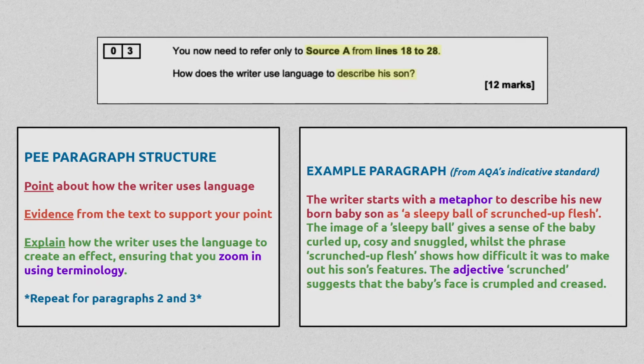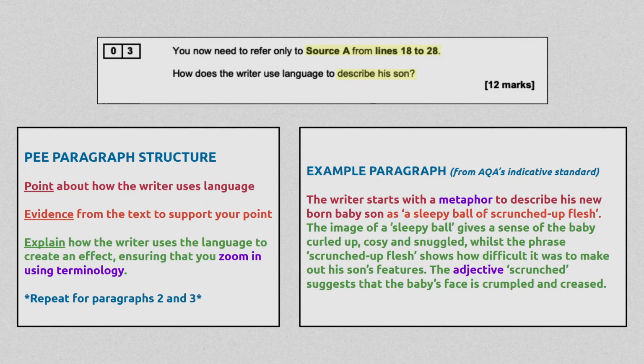Okay, so I've colour-coded that PEE paragraph there so you can see how the different sections, the point, the evidence and the explain, as well as the subject terminology, fit into that paragraph. Notice how the majority of the paragraph is made up of the green, which is the explain part. That is where you're talking about how the language is used to create an effect.